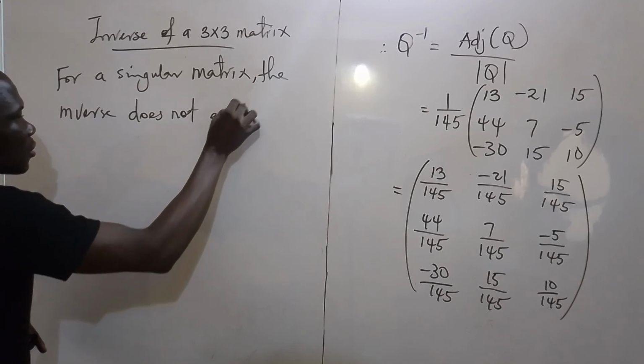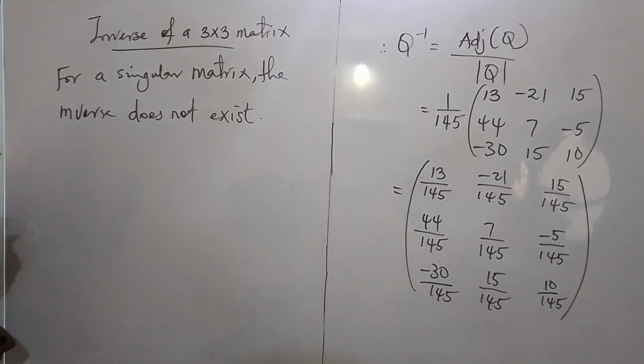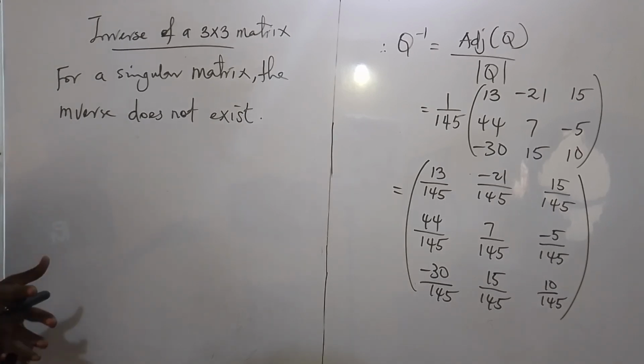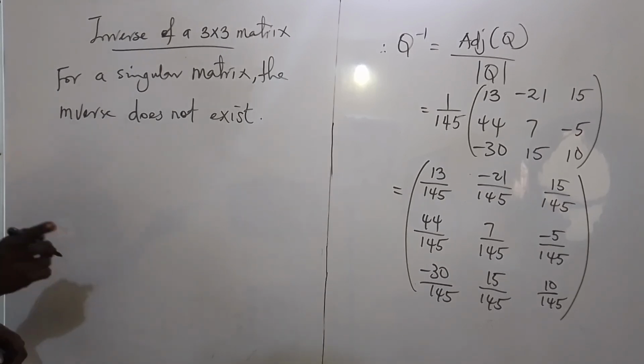So what that tells you is that the moment a matrix is a singular matrix, it does not have an inverse. Remember, by singular matrix, we mean the determinant of the matrix is 0.